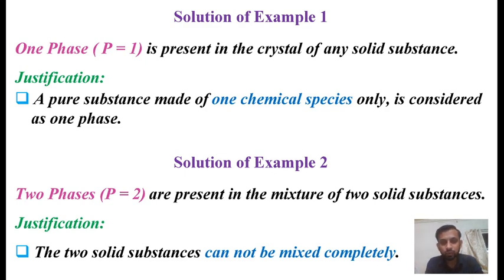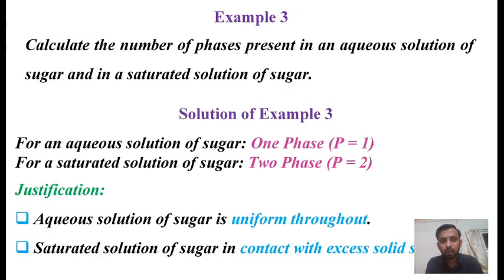For example number 2, we can justify that the two solid substances cannot be mixed completely, therefore it constitutes two phases, one phase for one solid substance and second for another solid substance. Example number 3, calculate the number of phases present in an aqueous solution of sugar and in saturated solution of sugar.